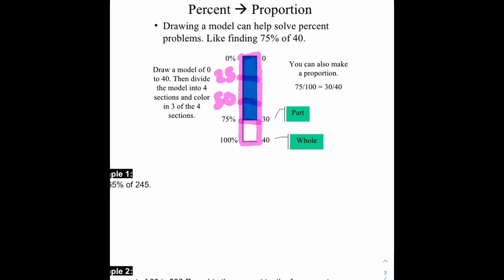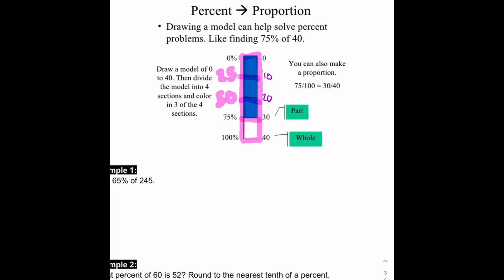Now, if we broke up 40 into equal chunks, we would have 10, 20, 30, and 40. So that's kind of how we can understand and look at this model: I can see that 30 is 75% of 40.